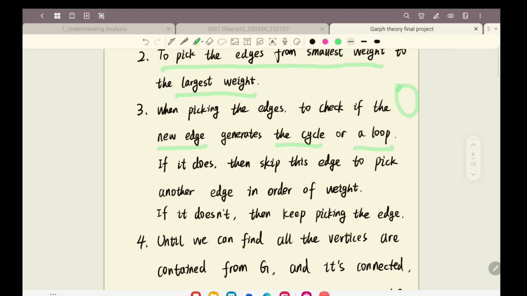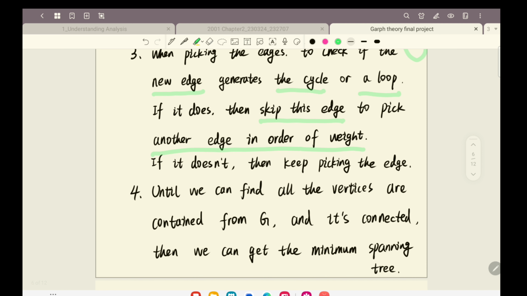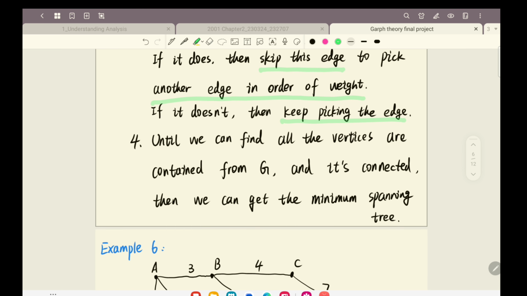If it does create a cycle or loop, then we skip the edge and pick another edge in order of the weight. But if it doesn't, then keep picking edges. And the last step: until all the vertices of G are contained and connected, then we get the minimum spanning tree.